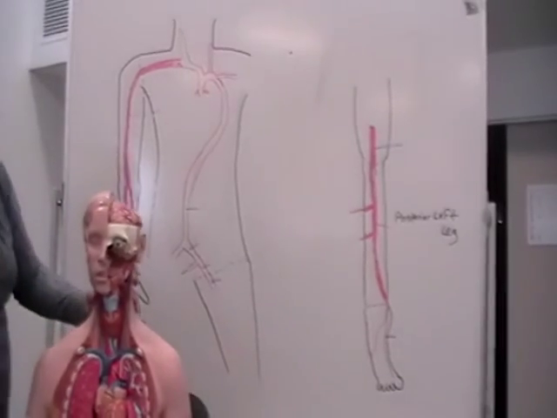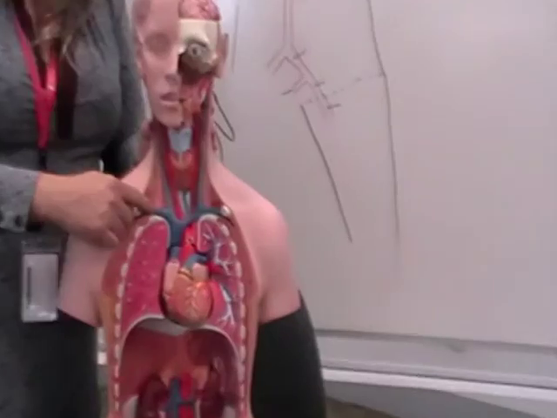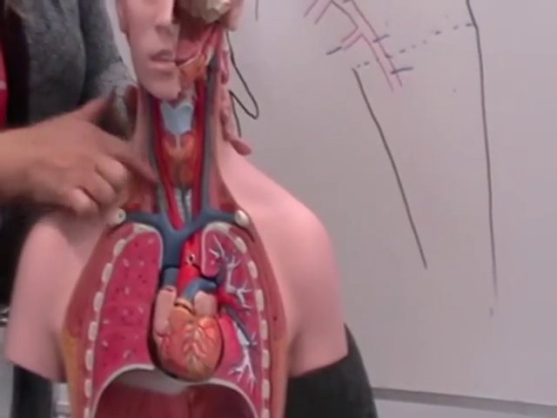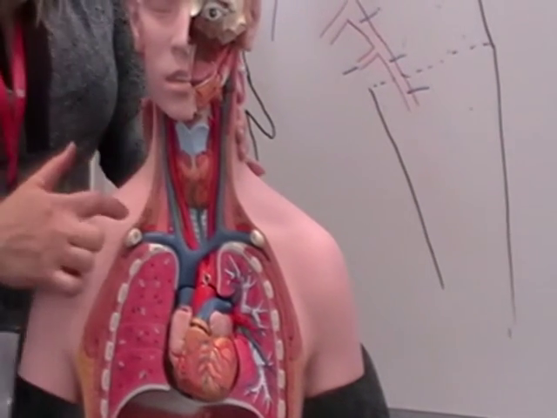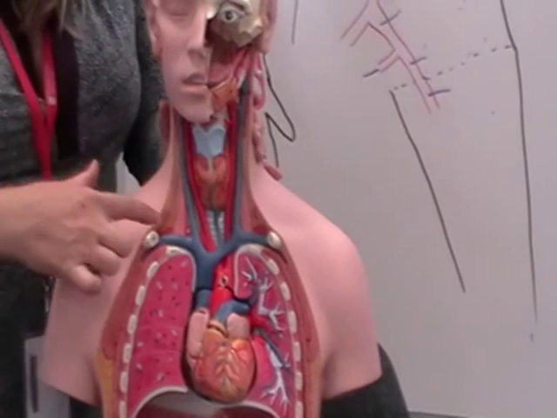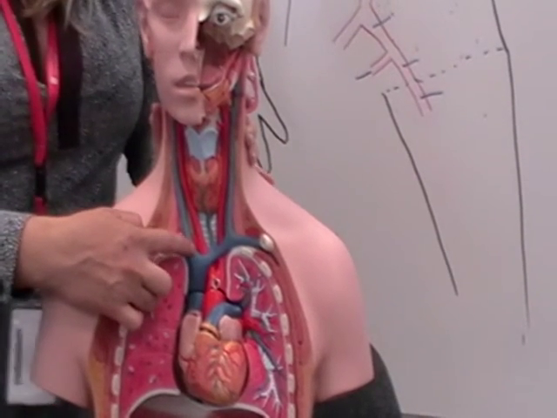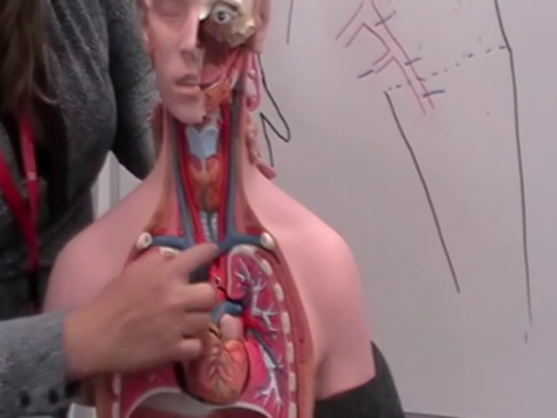Okay, so right subclavian vein, can everyone sort of see that? Sorry, Nat, you're sort of hidden. Right subclavian vein, what vein is this one here? Right jugular vein? Yep. So that's from the head, that's from the arm, so this would be called the right brachiocephalic vein. Yep. And here is the left brachiocephalic vein.